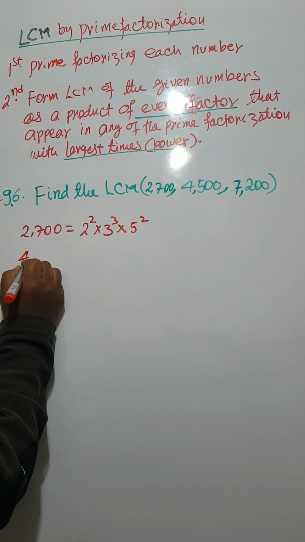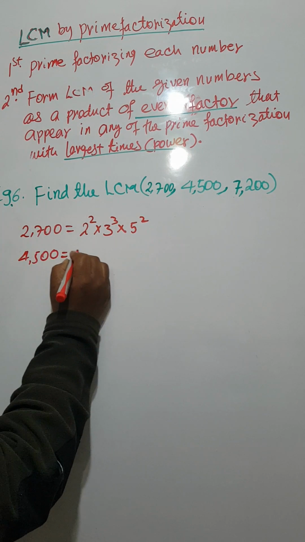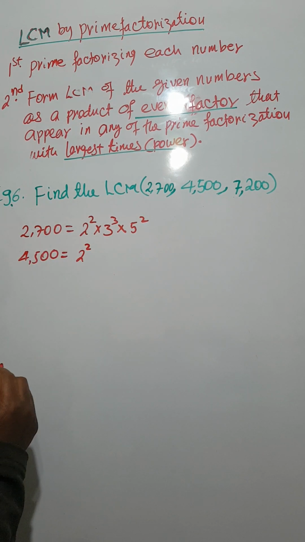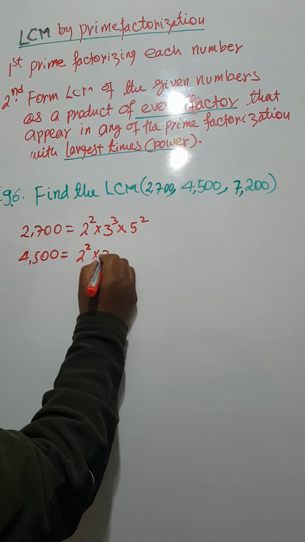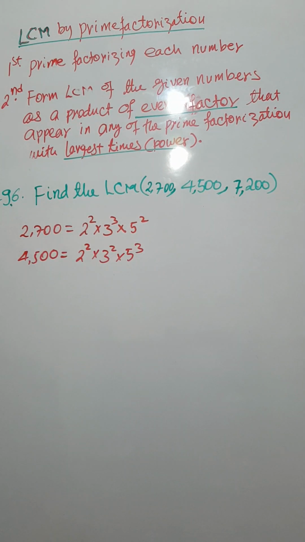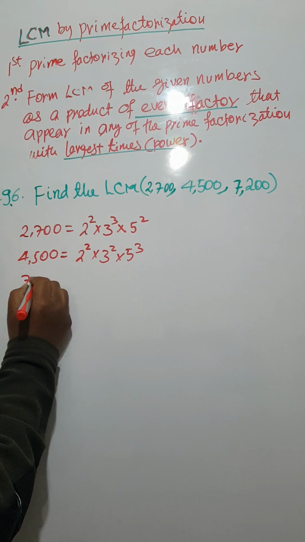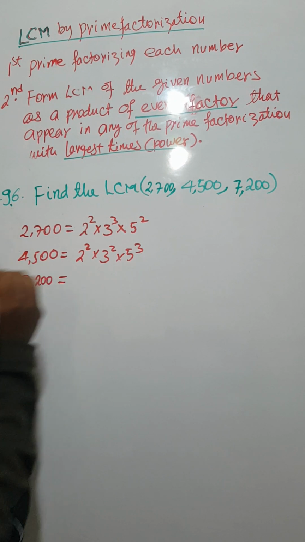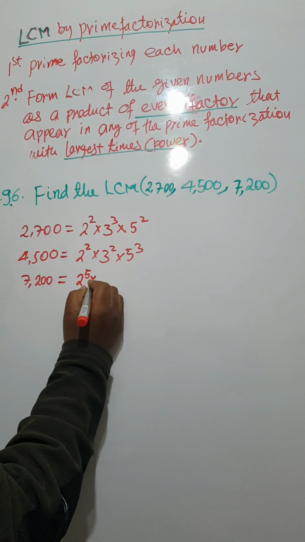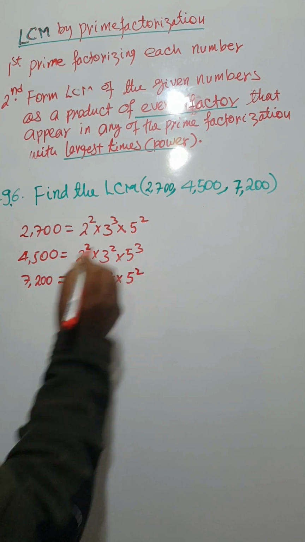Now 4500, the prime factorization of this is 2 to the power of 2 times 3 to the power of 2 times 5 to the power of 3. And 7,200 is equal to 2 to the power of 5 times 3 to the power of 2 times 5 to the power of 2.